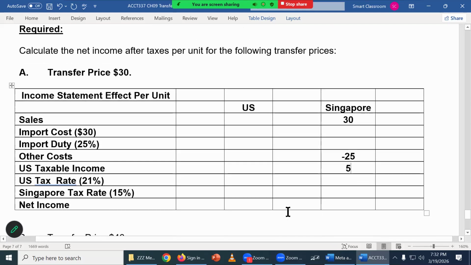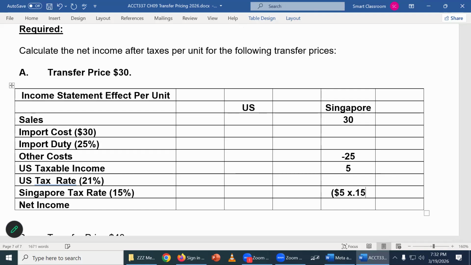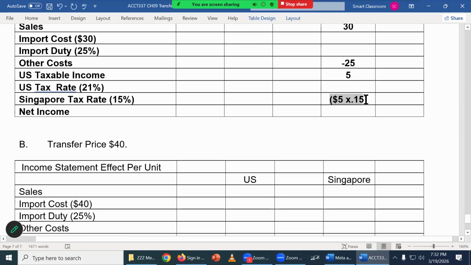I should probably just say taxable income. Singapore tax rate is 15%. So how much taxes will we pay in Singapore? $5 times 15%. I don't have enough room here, so I'm going to move this over.